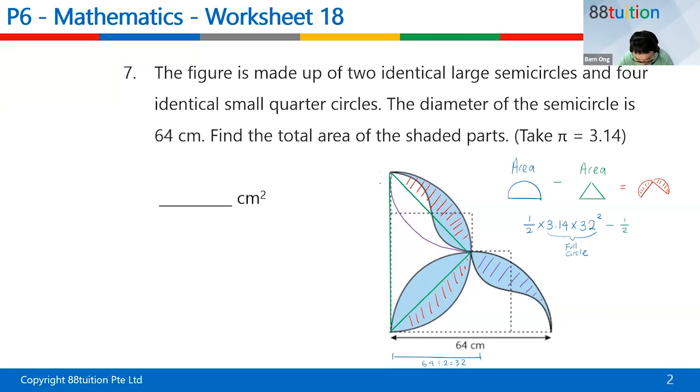The base down here, because it's a semicircle, is 64. Half times base times height, and the height down here is like a radius, 32. That will give me the answer for the rugby ball. Press your calculator: half times 3.14 times 32 times 32 minus half times 64 times 32.